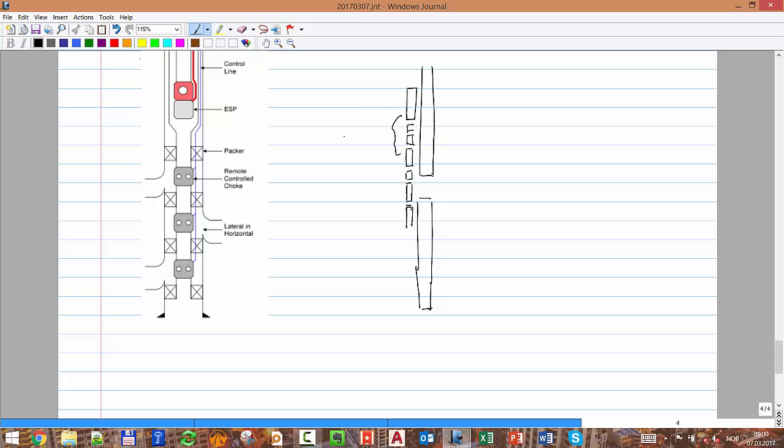So this will be the high Q opening, this will be the medium Q opening, and this will be the low Q opening.